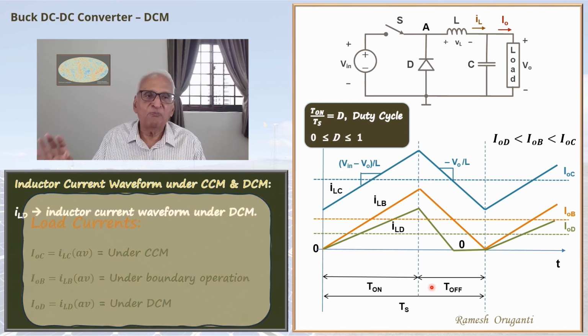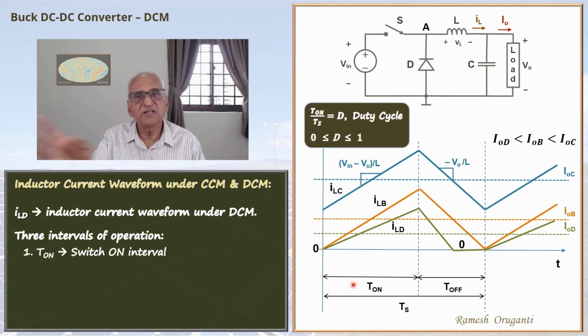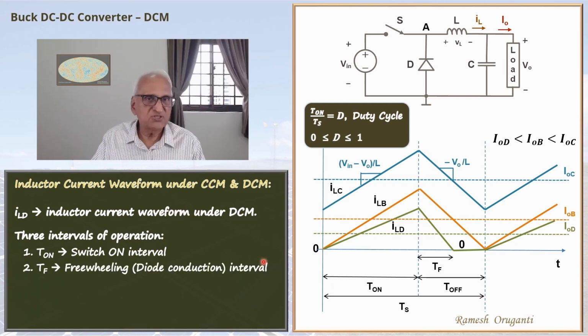Under DCM operation, as you can see, there are three intervals. Number one, again T on, when the switch is on and conducting, and the diode is not conducting. That's the same as before. The second interval is the TF interval, the freewheeling interval, when the switch is off and not conducting, and the diode is conducting.